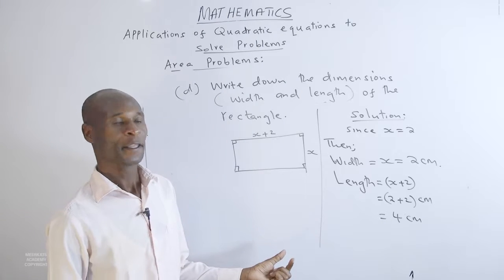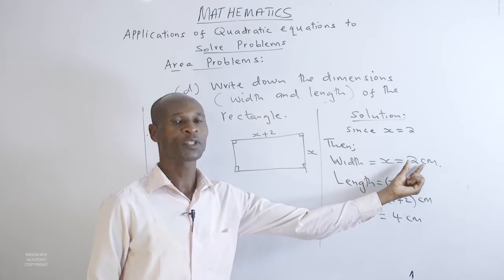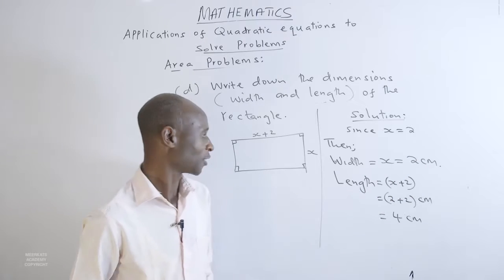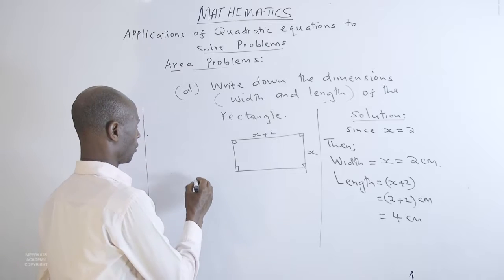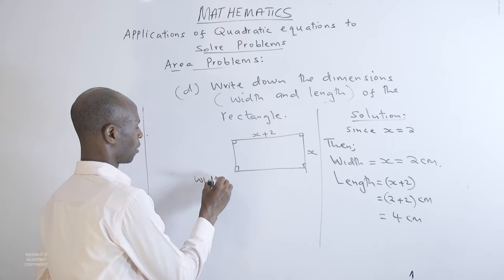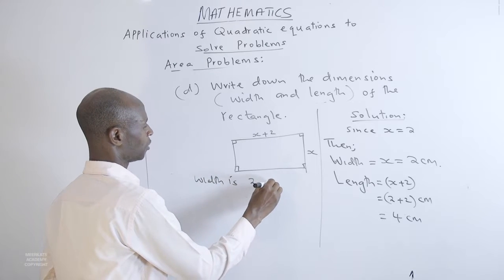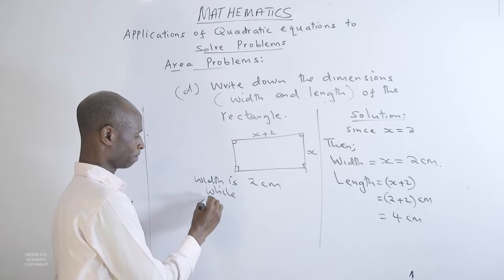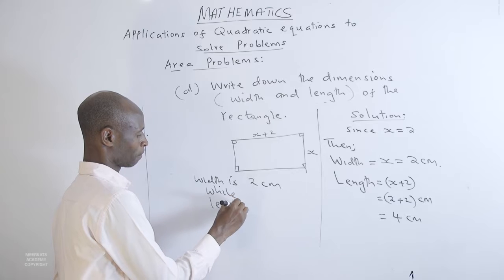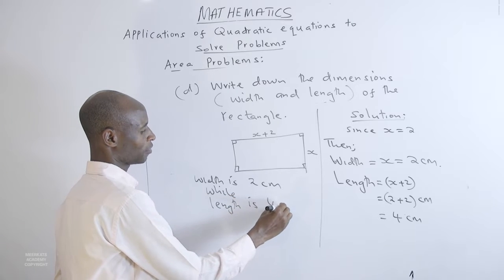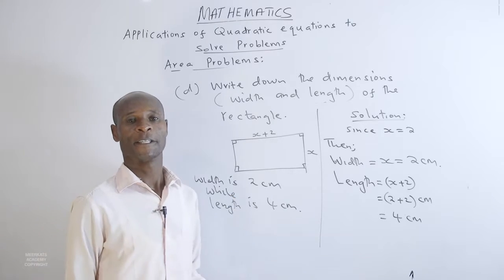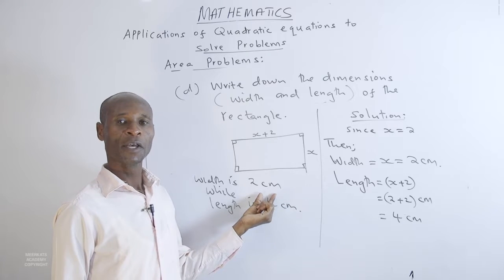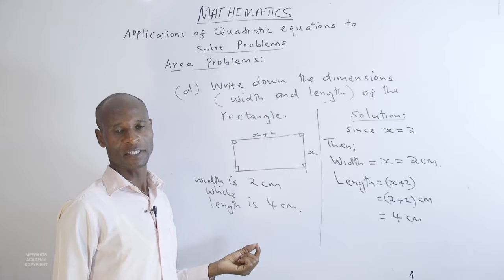So we can say the dimension for width is 2 centimeters, where the dimension for length is 4 centimeters. So you can say width is 2 centimeters, while length is 4 centimeters. Solved. We are saying centimeters because the area was square centimeters.